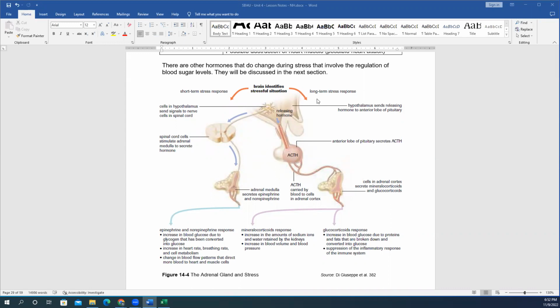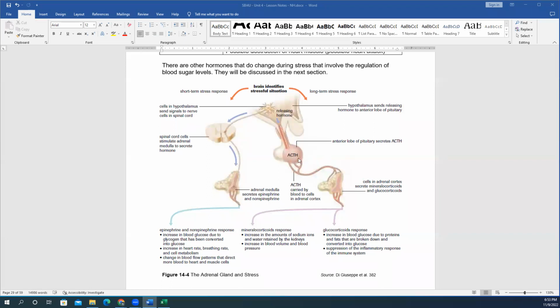However, in a long-term stress response, where there is a long sustained stress response, the hypothalamus sends releasing hormones towards the anterior lobe of the pituitary.